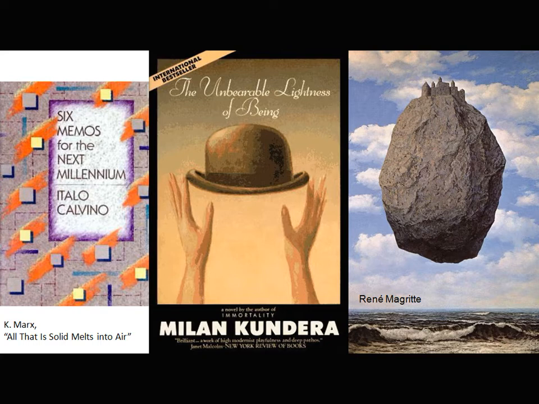And lately, this book, Six Memos for the Next Millennium, by the great Italian novelist Italo Calvino, who died maybe 5, 6 years ago. It's a great book, and one of the chapters is titled Lightness. I have read it several times, and you get some impressions about lightness. But ahead of all these people, Karl Marx, the German thinker, philosopher, whatever you want to call it, wrote at the beginning of industrialization and capitalism that all that is solid melts into the air.